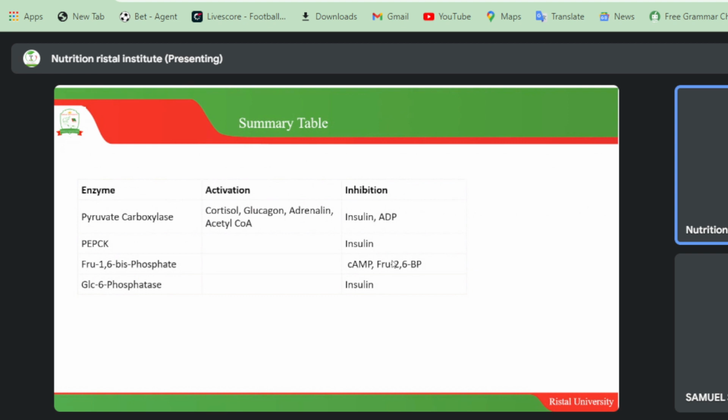Then PEPCK, which is phosphoenolpyruvate carboxykinase, activation has not been shown. It's inhibited by insulin. Fructose 1,6-bisphosphatase, one of the intermediates, is inhibited by AMP and fructose 2,6-bisphosphate. And then glucose 6-phosphatase, the last enzyme in gluconeogenesis, is inhibited by insulin.